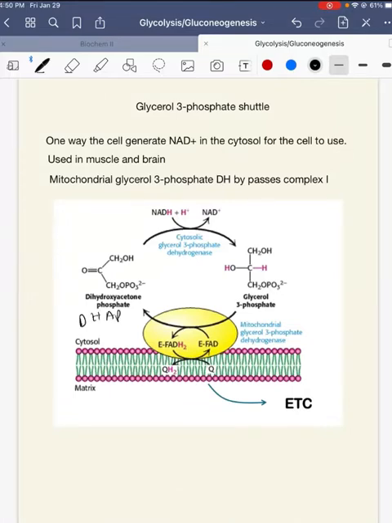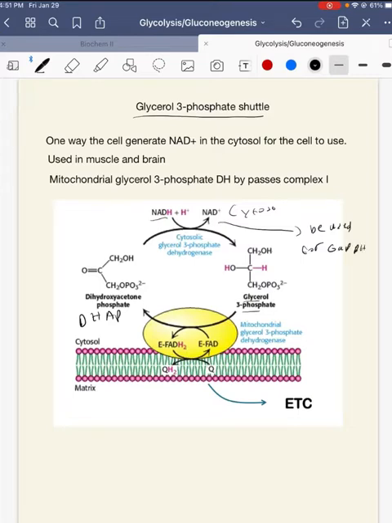The DAP molecule can function in this thing called the glycerol 3-phosphate shuttle, where it's reduced to glycerol 3-phosphate, and in that process, NADH is oxidized back to NAD in the cytosol, and this NAD can be used for GAPDH to run forward.